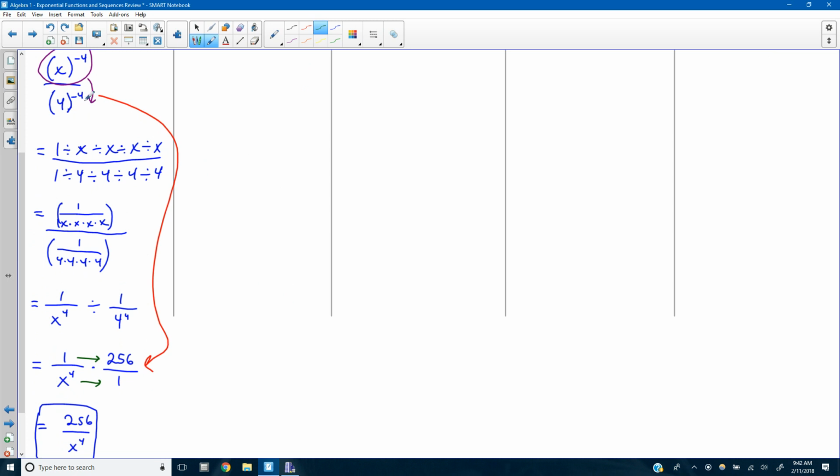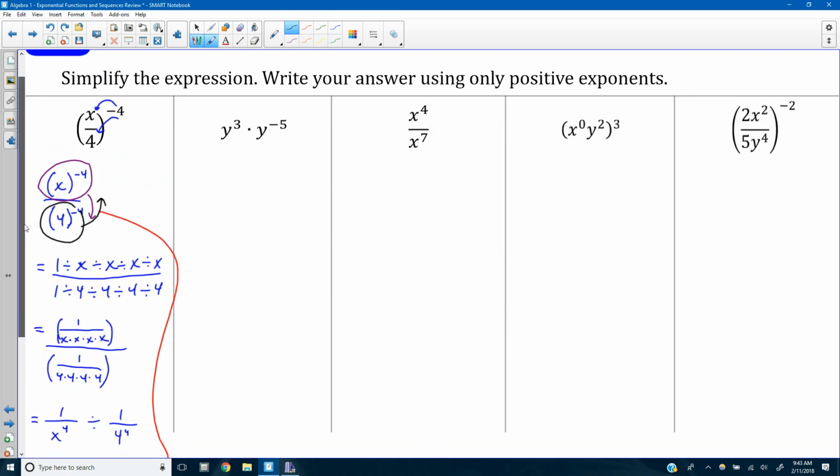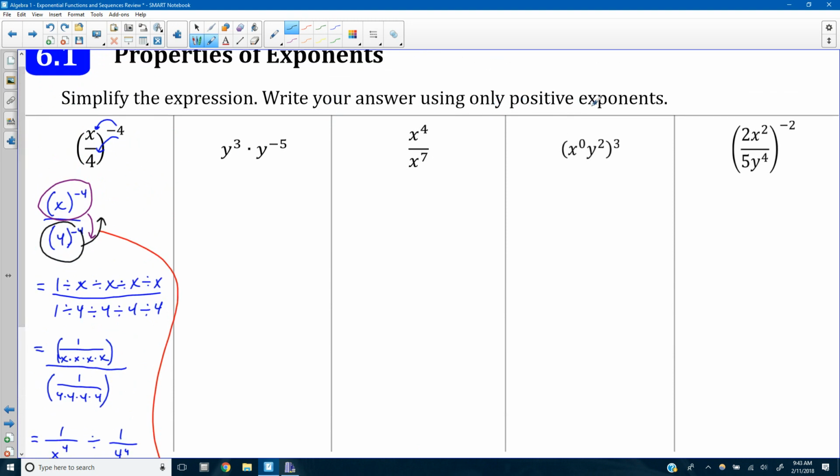Okay, so this went down. Now 4 to the negative fourth power became 256, so this went up. So this guy, let's find a color I haven't used yet, just black, goes up and becomes positive. So this is 4 to the fourth power, which is 256. So in the end, write your answer using only positive exponents.